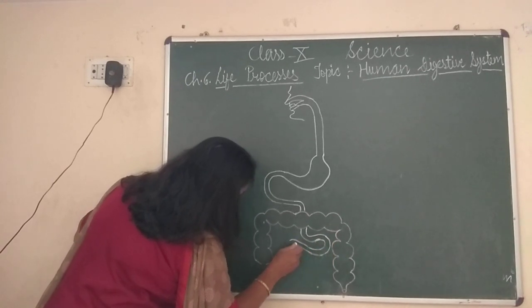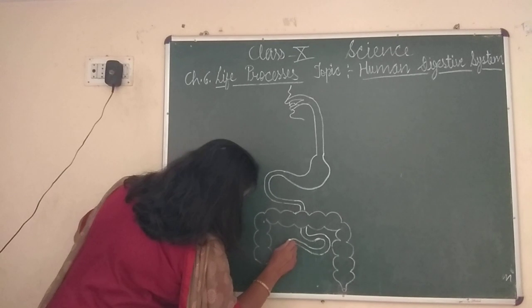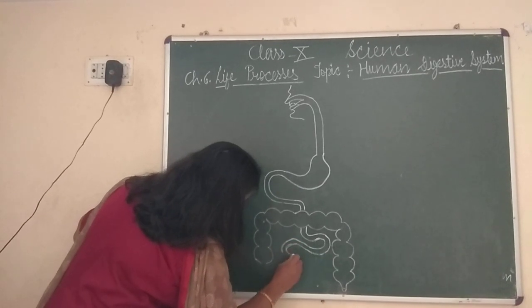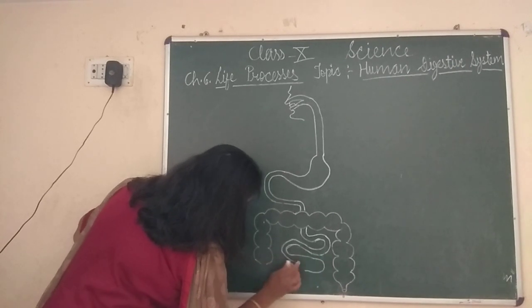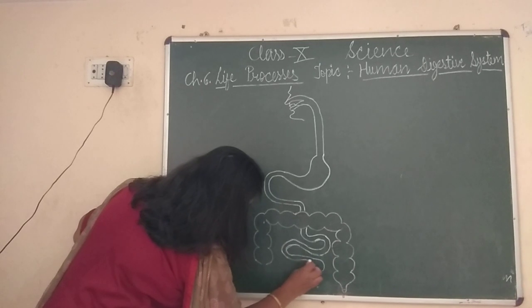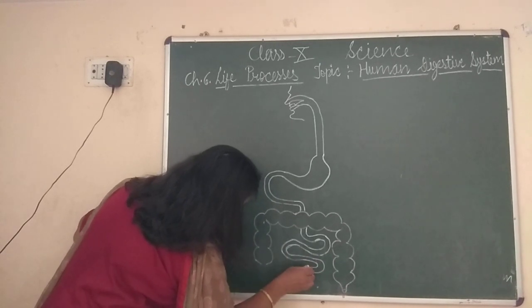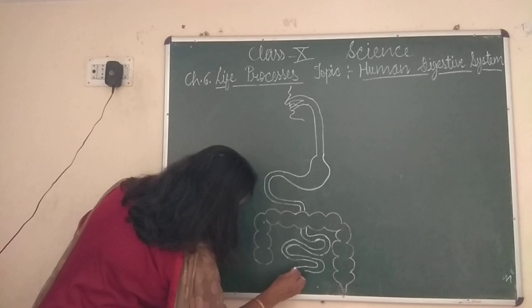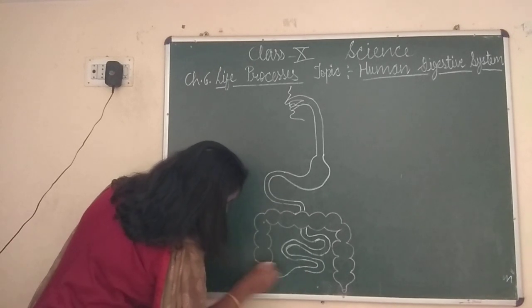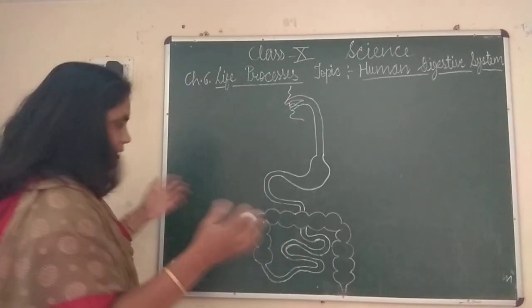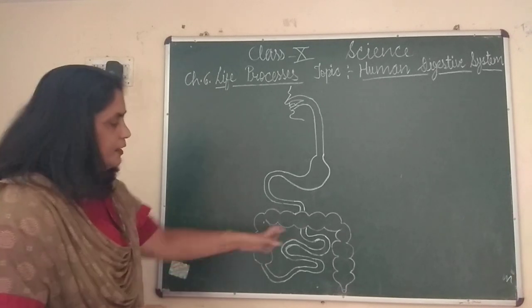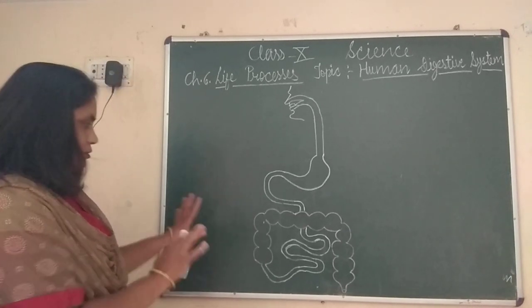Though it is highly coiled, we are going to make 3 or 4 coils, because here we have to simplify the diagram and understand the concept. So there is nothing wrong if we make it in such a simple way. Otherwise, it is about 7 meters long and a highly coiled tube. Okay, so this is done.